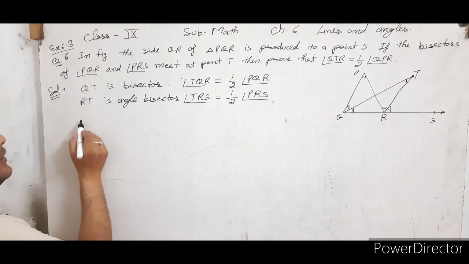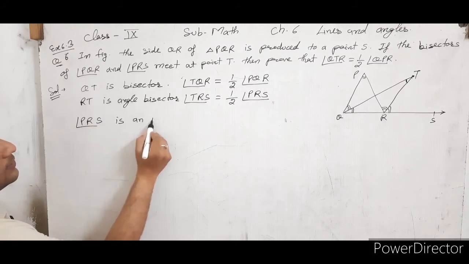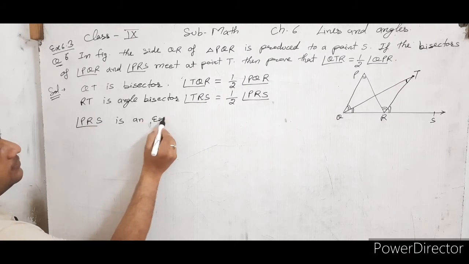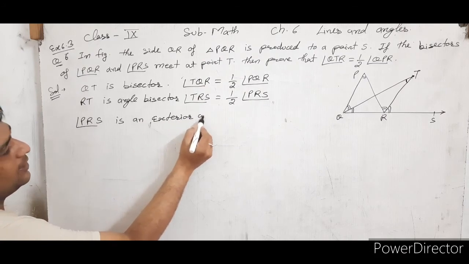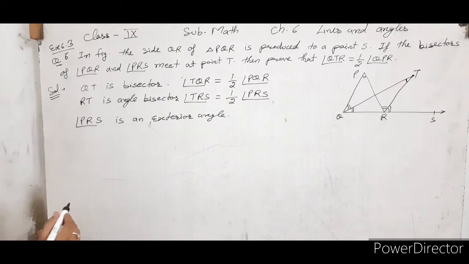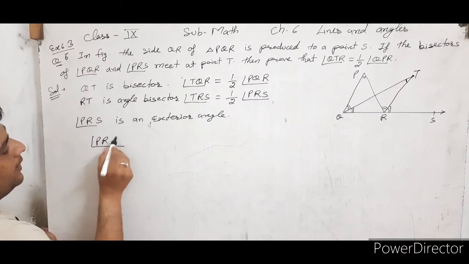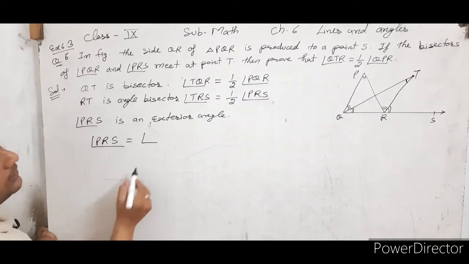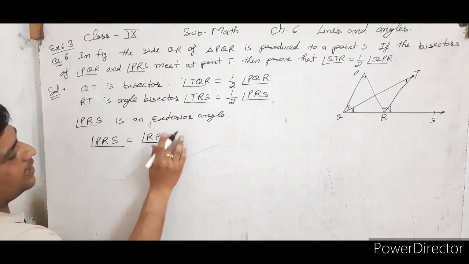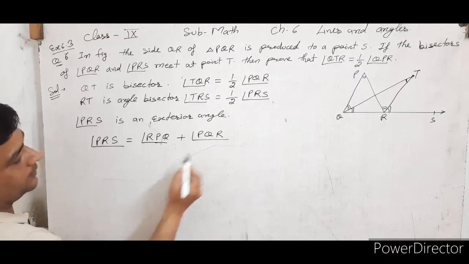Now angle PRS is an exterior angle, and as we know, an exterior angle is equal to the sum of the interior opposite angles. So we can define angle PRS is equal to angle RPQ plus angle PQR.